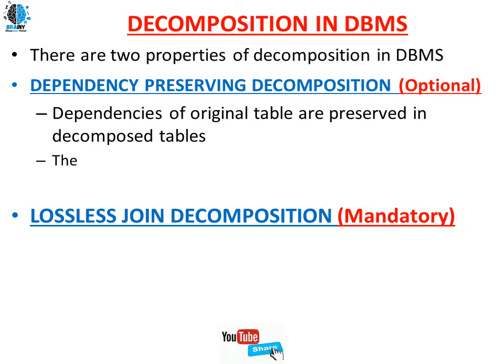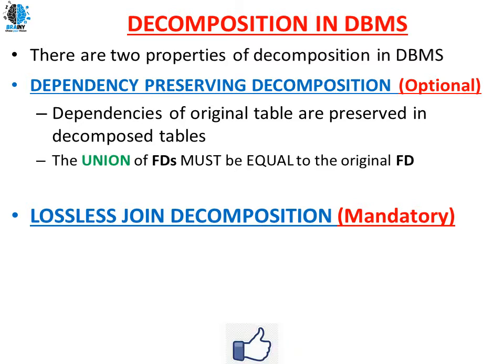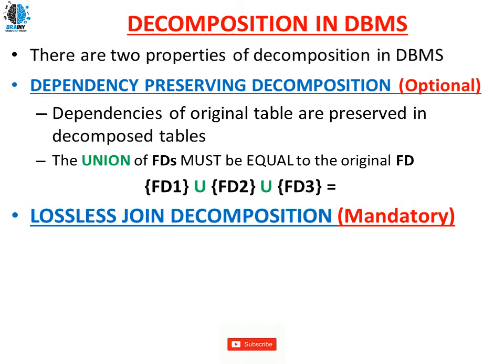So it means that the union of functional dependencies must be equal to the original functional dependencies. If I take the union of fd1, the functional dependencies of the first decomposed relation, fd2 of the second decomposed relation, fd3 of the third decomposed relation, all these functional dependencies, that union should be equal to the functional dependencies of the original relation.